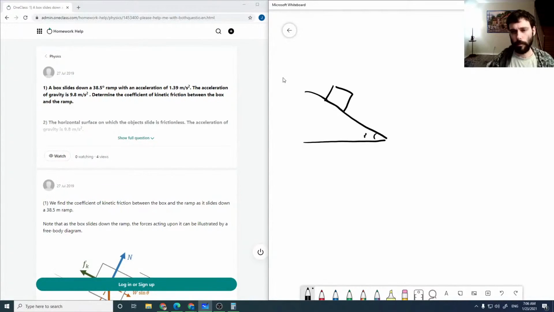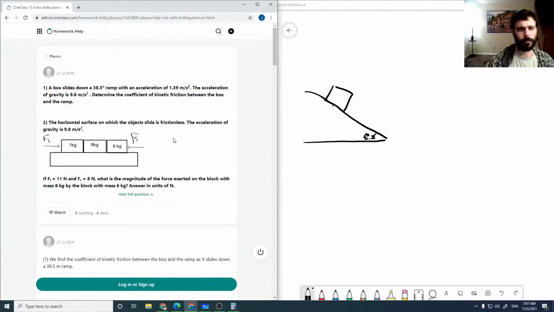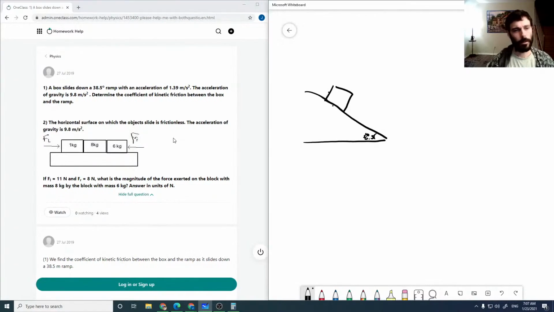So there's our 38.5 degrees. The acceleration of gravity is 9.8. Determine the coefficient of kinetic friction between the box and the ramp. Oh, all right, this is two questions here.